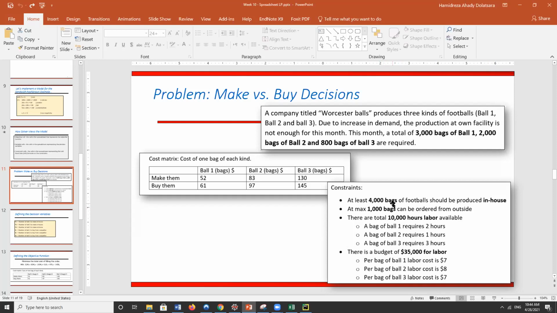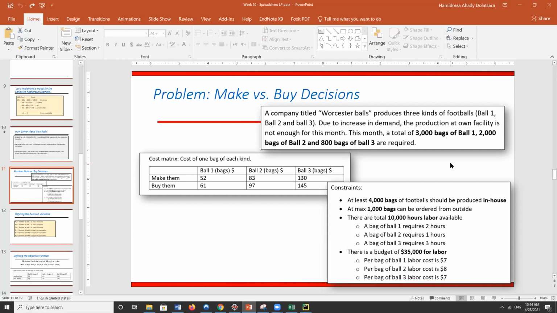This could be just a general policy, or maybe you have another production department or accounting department who might say, if you're producing less than 4,000 bags of footballs, it's not economical to run the manufacturing plant. Some policies may have other reasons, some are purely policy. At max, 1,000 bags can be ordered from outside. It could be just a general policy, not any economical reason behind it.